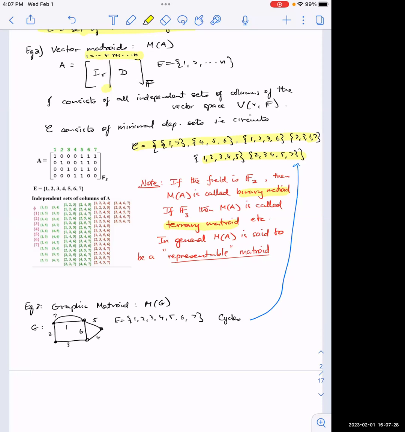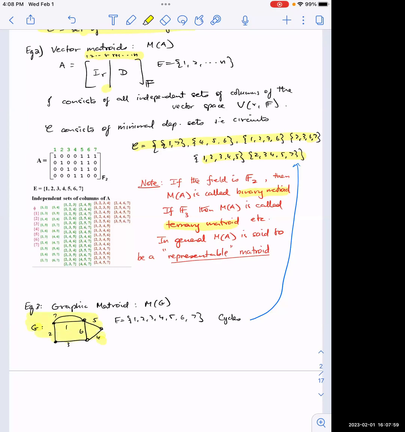So if you take a graph as an example, and this was the one that we did, then we label the edges, just the edges. In matroid theory, we don't look at vertices. And the cycles are 1, 7, 1, 2, 6, 4, 5, 4, etc. They are the same over here and listed above. So this is a graph representation of this.